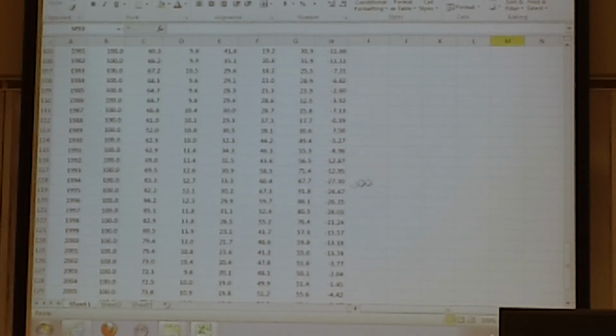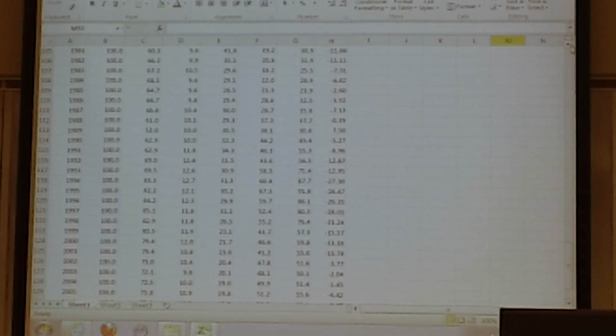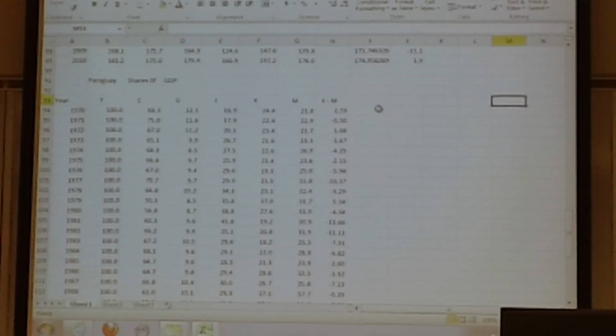Now there's a mirror image to this, which is what we call the internal gap, the savings minus investment.